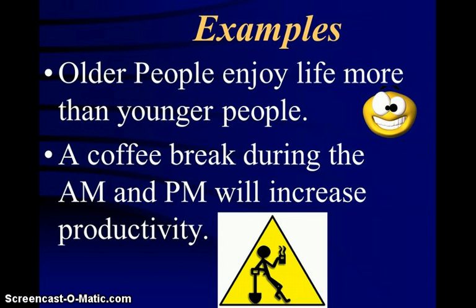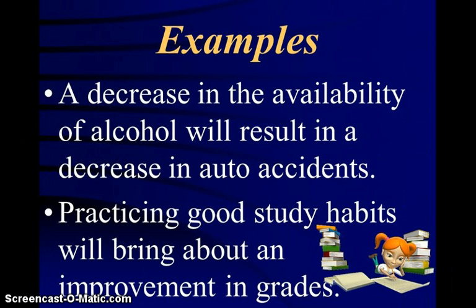Next example. A coffee break during the morning and afternoon will increase productivity. Okay, let's use our statement. We are studying the effect of a coffee break upon productivity. So there again, you have your independent and your dependent variables. Third, a decrease in the availability of alcohol will result in a decrease in auto accidents. Okay, again, substitute.